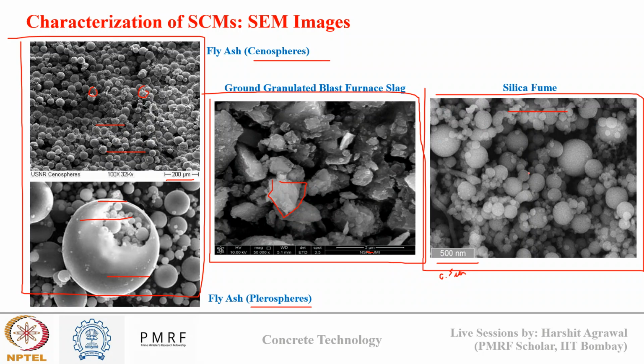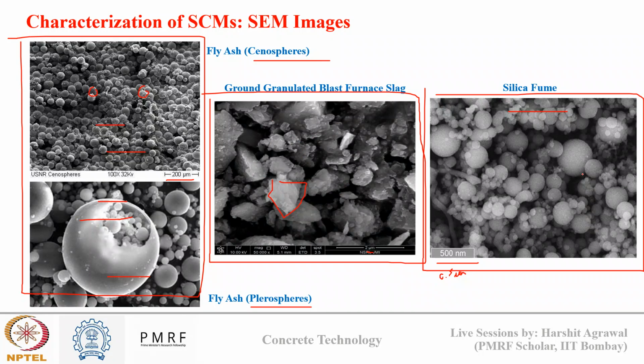In silica fume also, we are just doing rapid cooling. But for ground granulated blast furnace slag, after granulation there is grinding also, and that grinding disturbs the shape of the particles and makes them angular and irregular in nature.